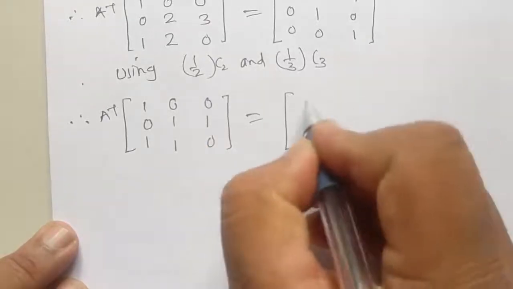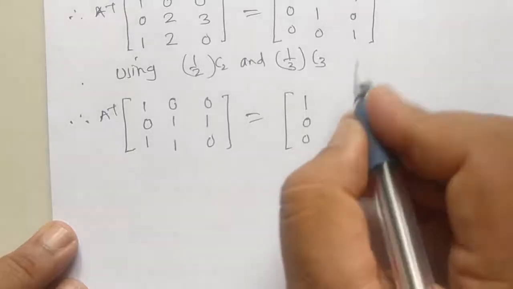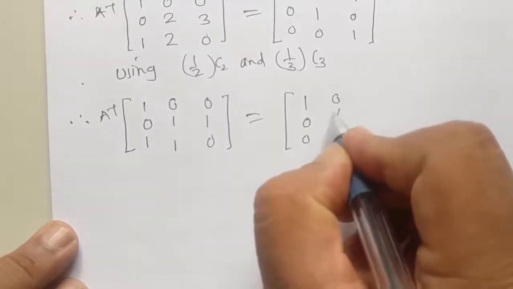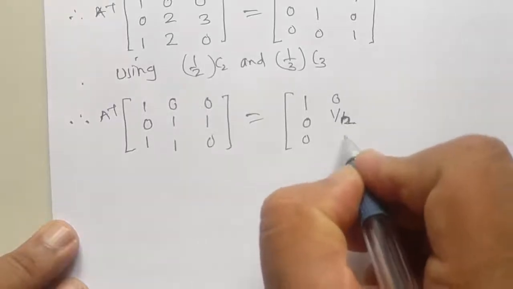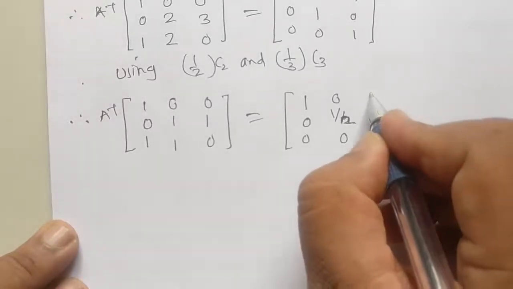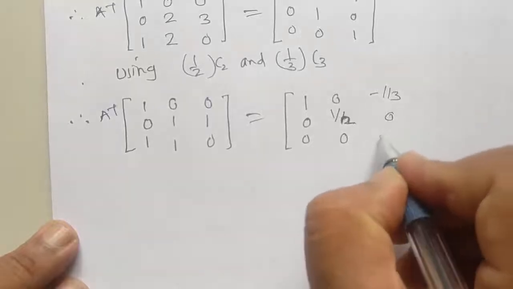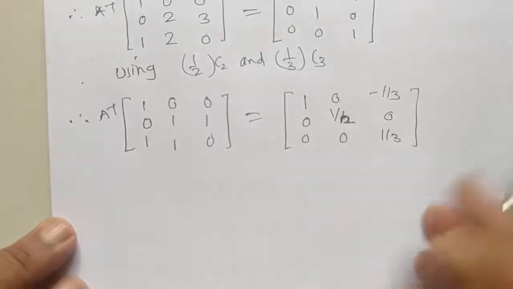I is equal to: the first column is no change, the second column we divided by 2, 1/2, 0, the third column we divided by 3, 1/3, 0, 1/3.